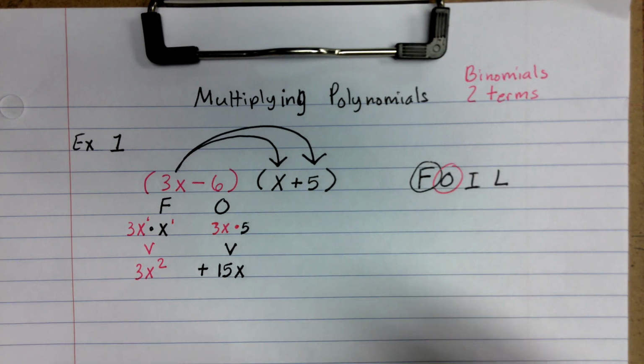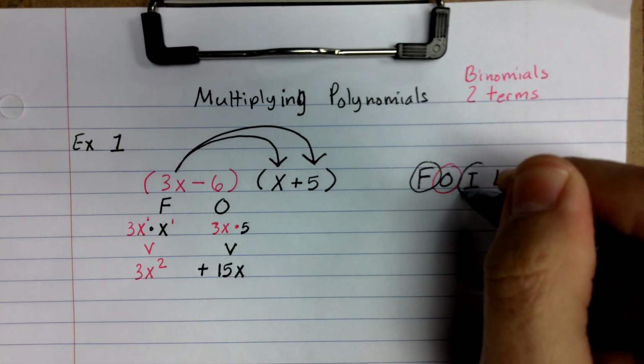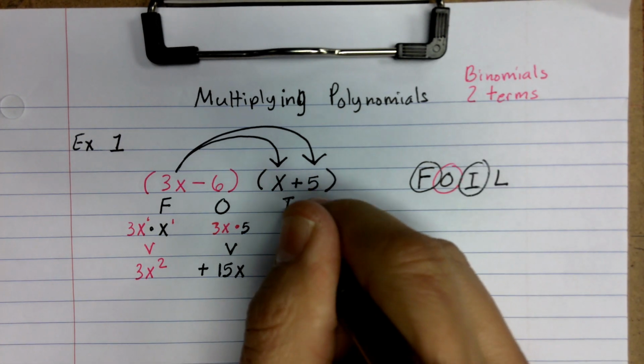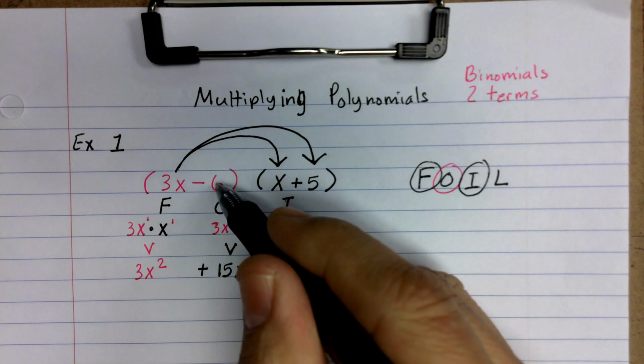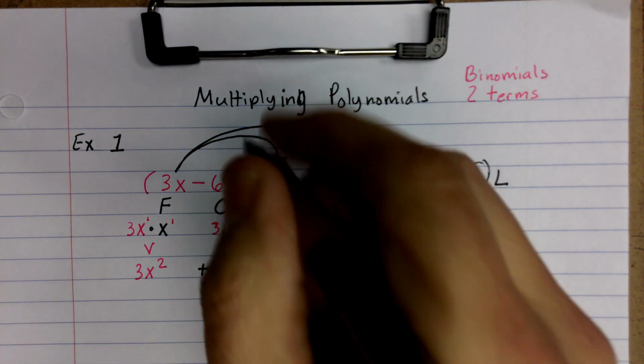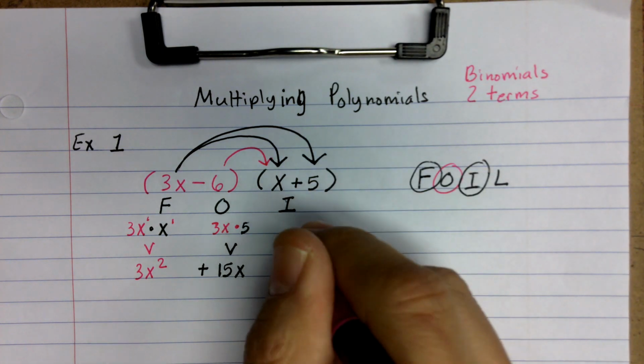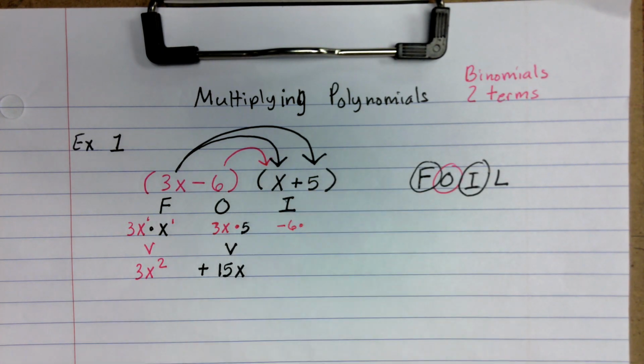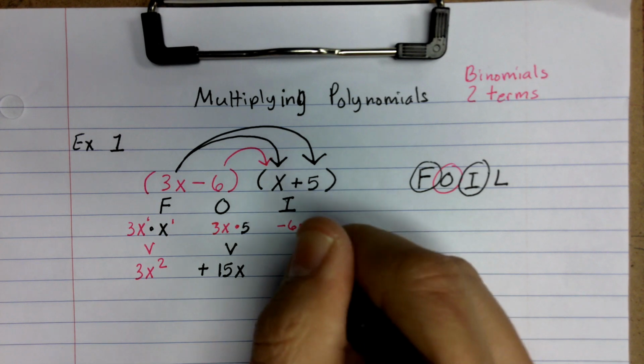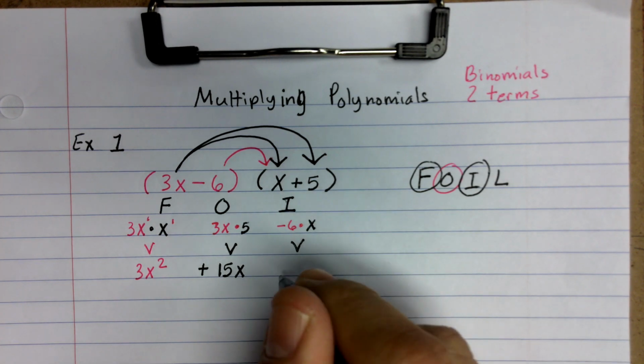Now we're going to multiply the inner terms, the I. So I'm going to write I right here. I'm going to take this inner term, which is negative 6, and multiply it to the inner term, which is positive x. So negative 6 times positive x is just going to give me negative 6x.